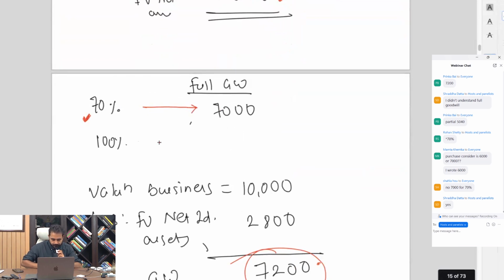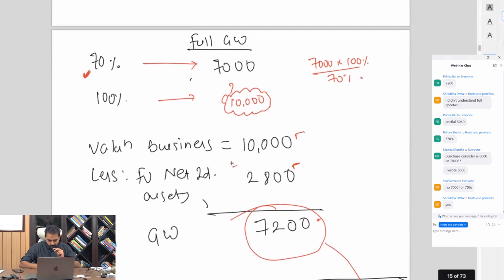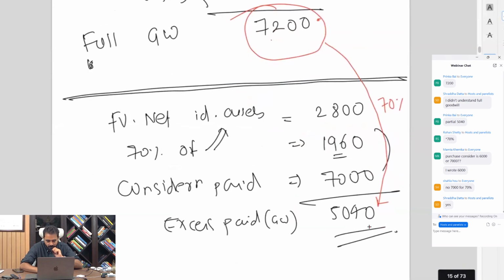Cross multiplication. Correct? So we say 7,000 into 100% divided by 70%. So the valuation of the business must have been how much? 10,000. So the logic is, if the valuation of the business is 10,000, however, assets of the business are worth only 2,800, then where is that excess valuation coming from? That must have been goodwill, which is the difference of these two, which is 7,200. That's your full goodwill. When you have the full goodwill, you multiply that with 70%, 60%, whatever the ownership, you have your partial goodwill.